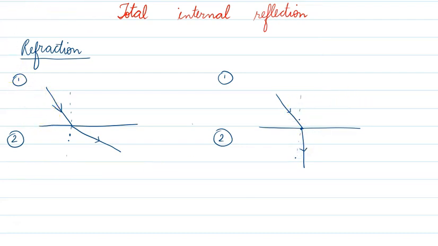Now we will learn about critical angle. So let us just assume that we have water and air interface. This is water and this is air.